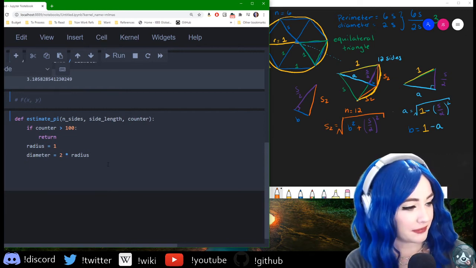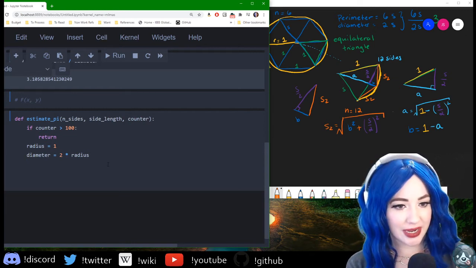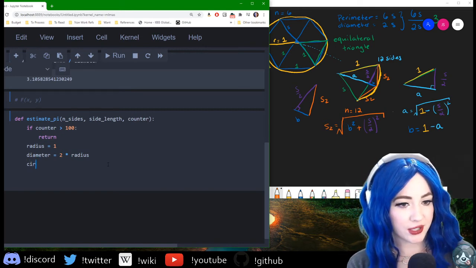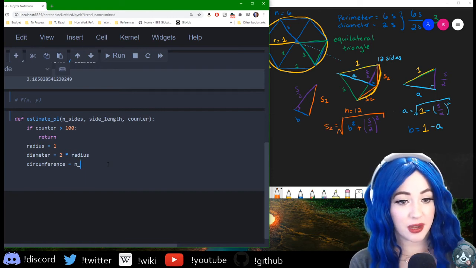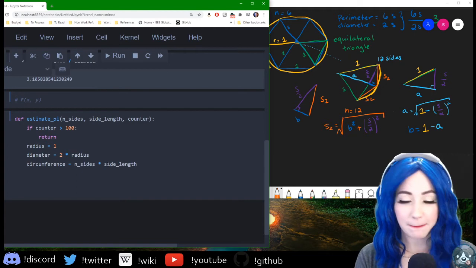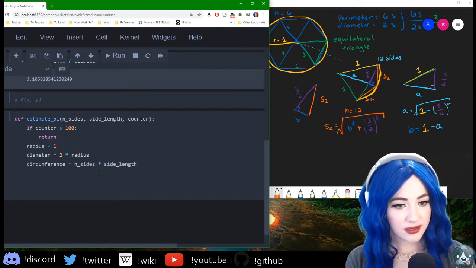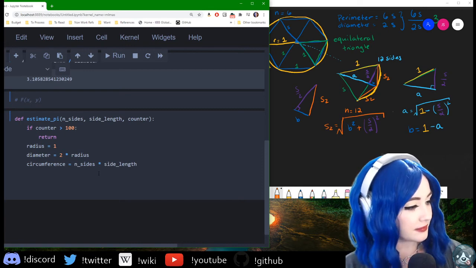Okay, so we have our radius, we have our diameter, and we need our circumference, right? And our circumference is just the number of sides times our side length, right? Hopefully that is still very straightforward.